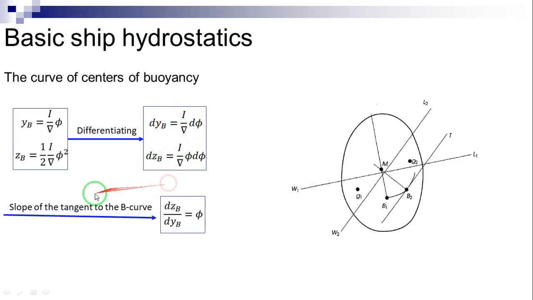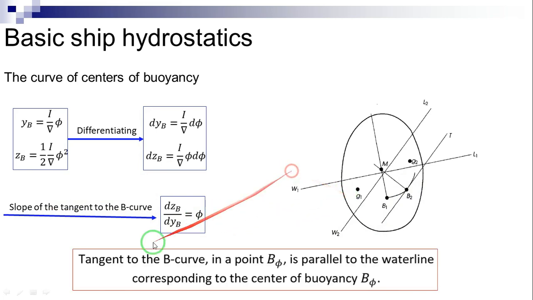Thus, the slope of the tangent to the B curve at B2 is phi. This is the assumed angle of inclination. We reach the important conclusion that the tangent to the B curve at a point B-phi is parallel to the waterline corresponding to the center of buoyancy B-phi.